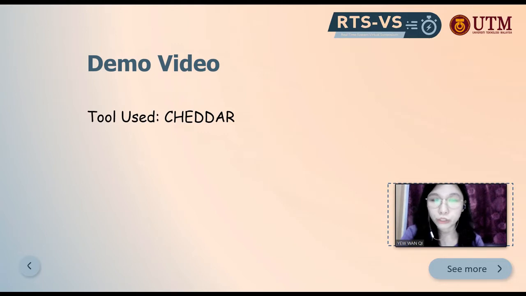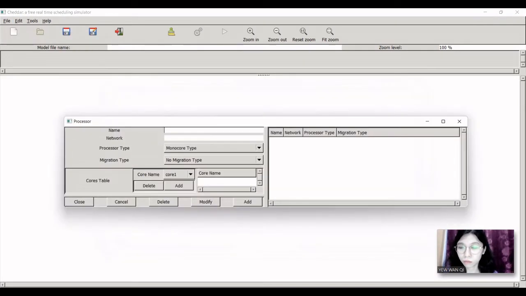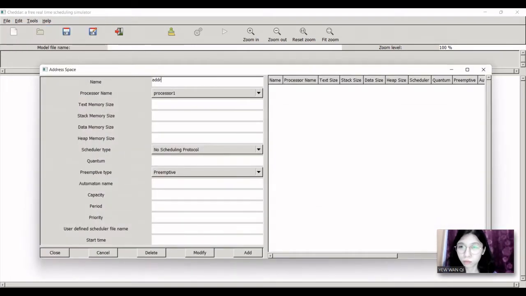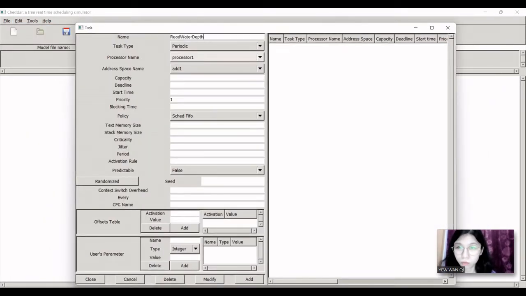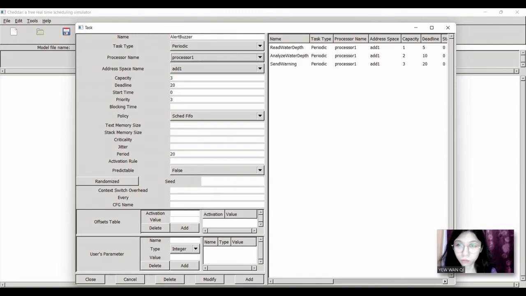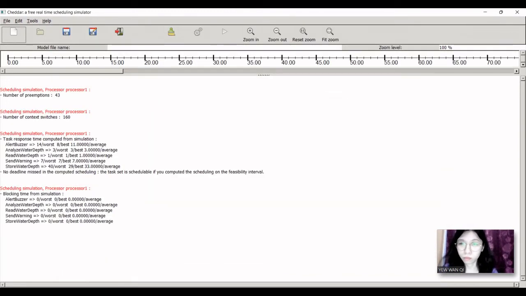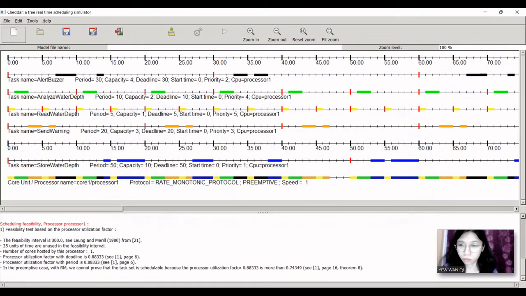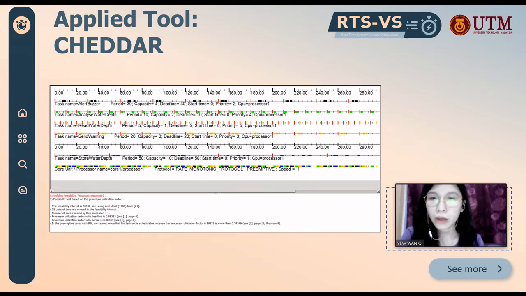Now, I'm going to demo how to use Trader to perform the processor utilization analysis approach. This is the result I get from Trader.